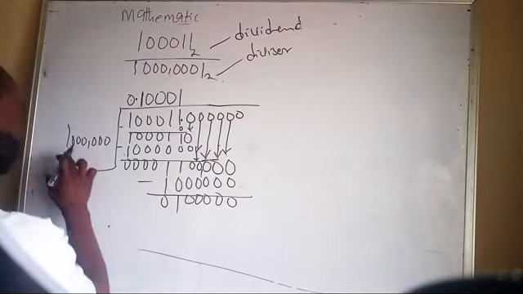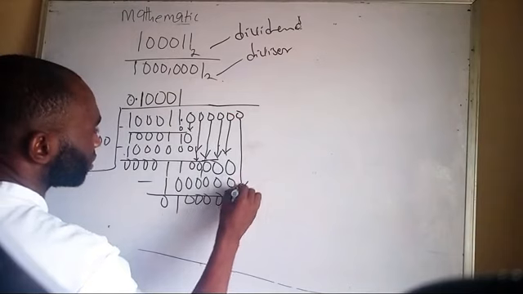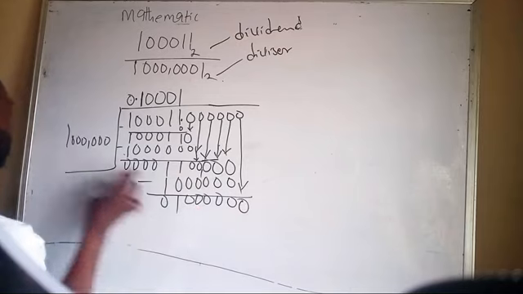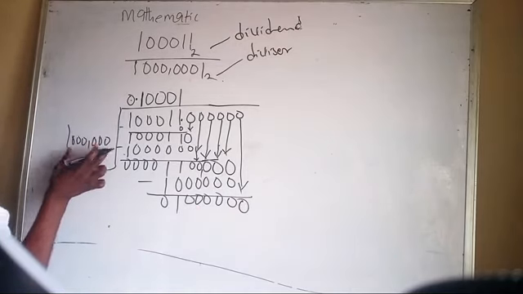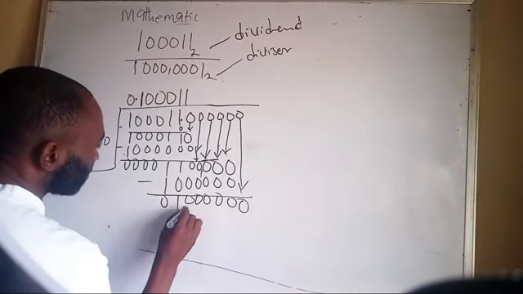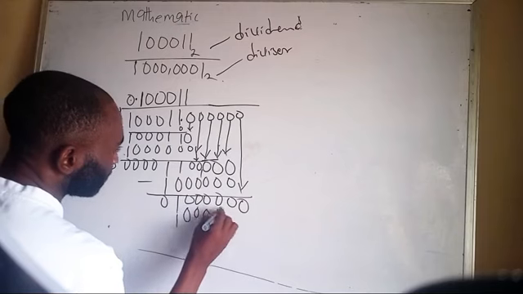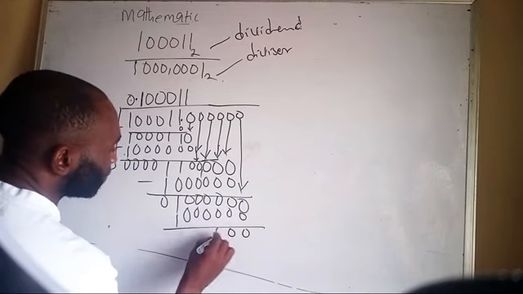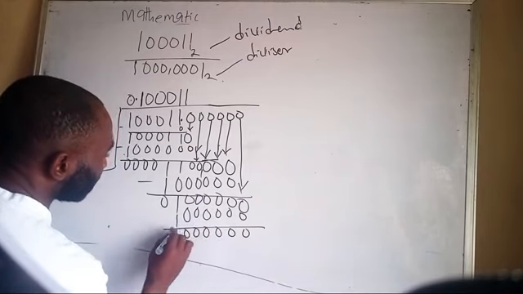This is less than this, so we push the remaining 0 here. This becomes 1 million, and this 1 is the same thing as this. So when you divide it, it gives you 1, and this 1 times this is still the same thing. Subtracting, we get 0, 0, 0, 0, 0, 0, 0.